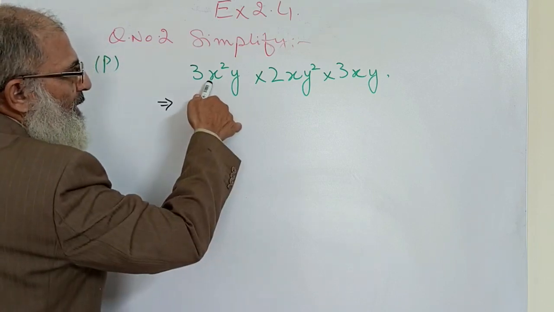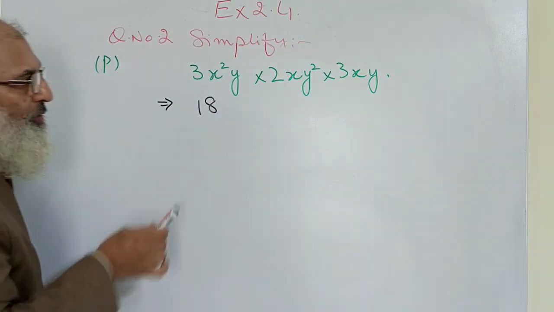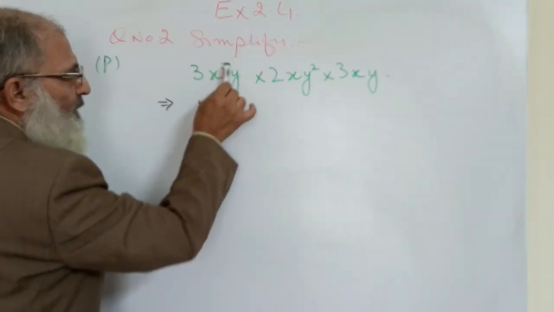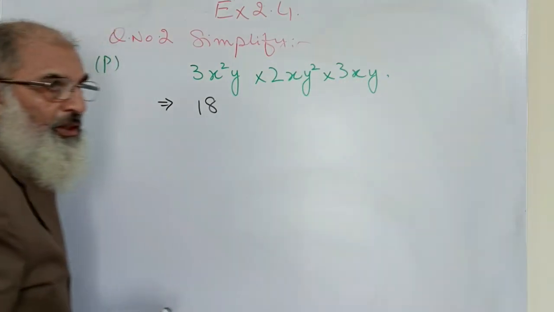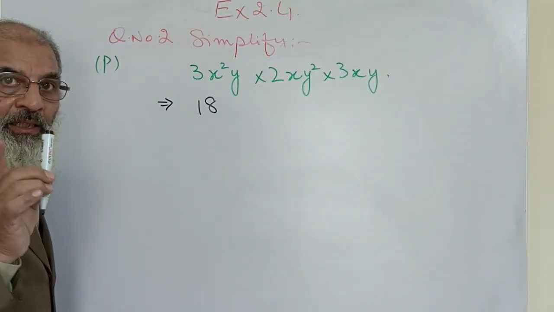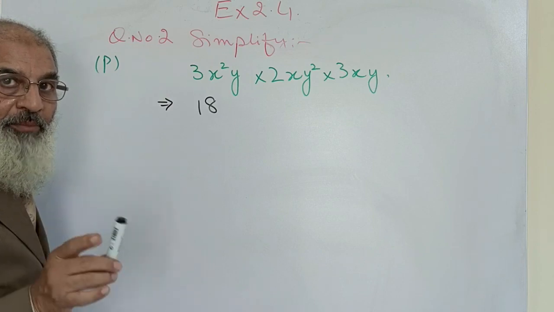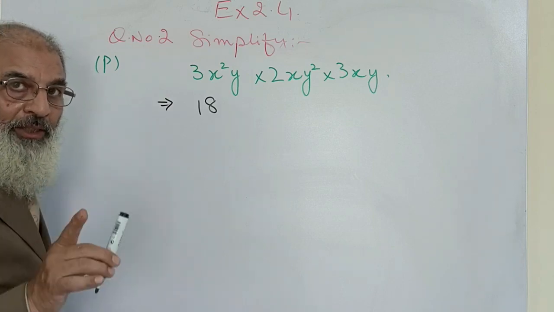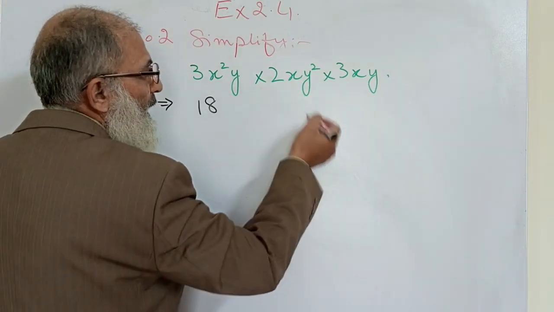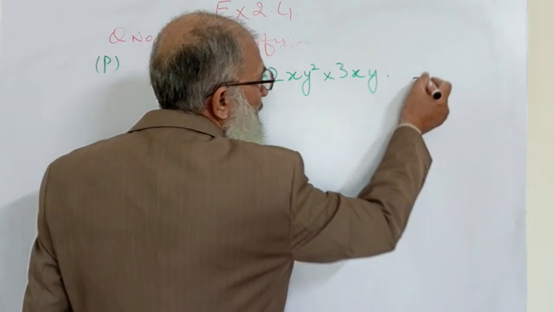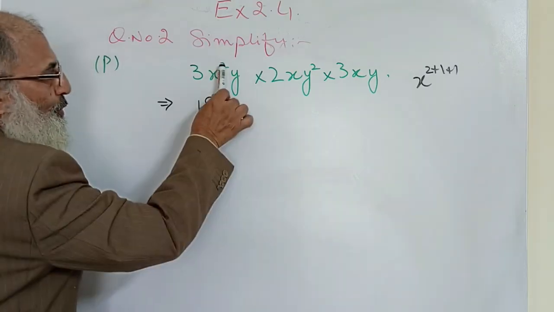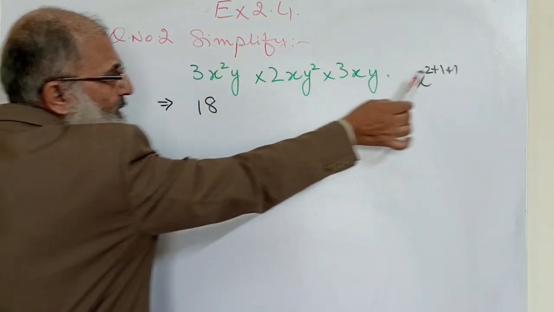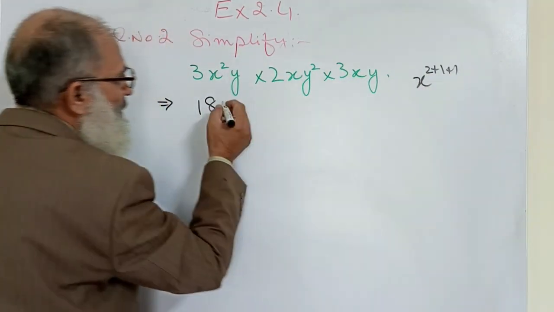Now what about this x? How many x's are there over here? 1 with square, 1 with 1, and 1 with 1. So the index has to be raised to 4. How? Like this: 2 plus 1 plus 1.